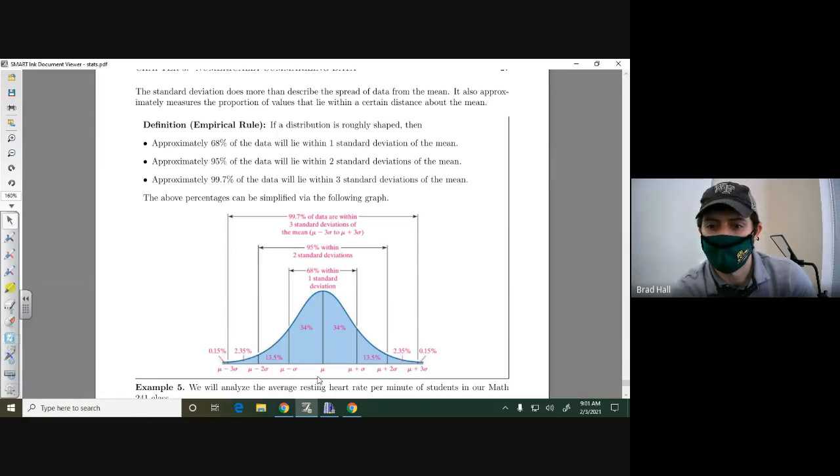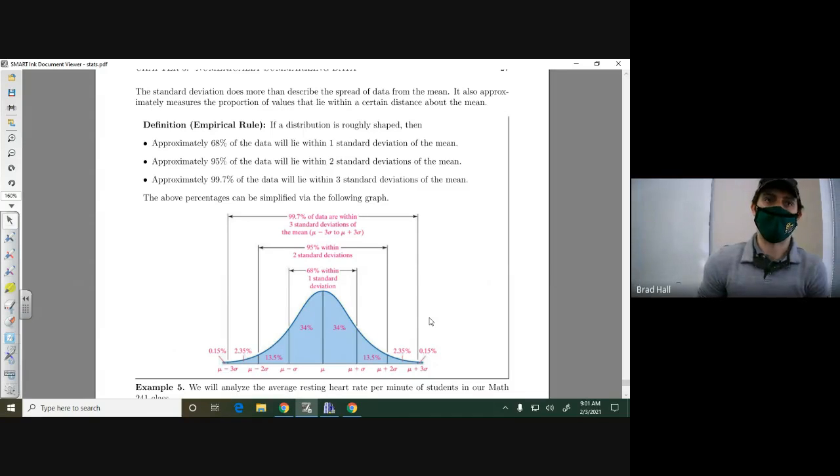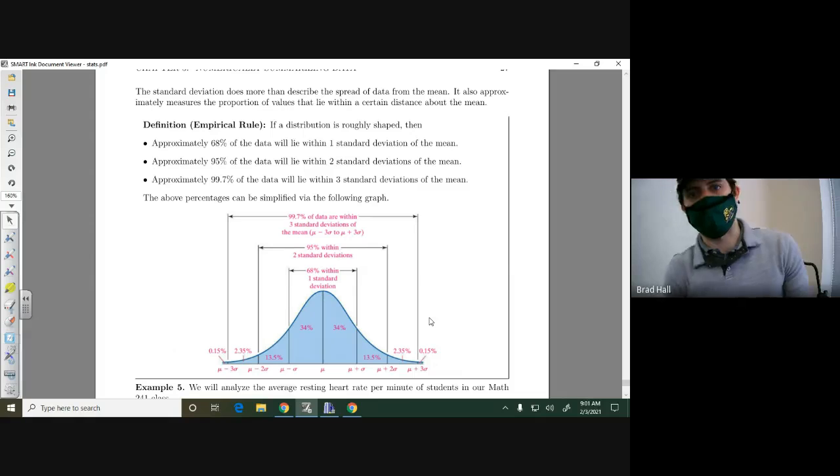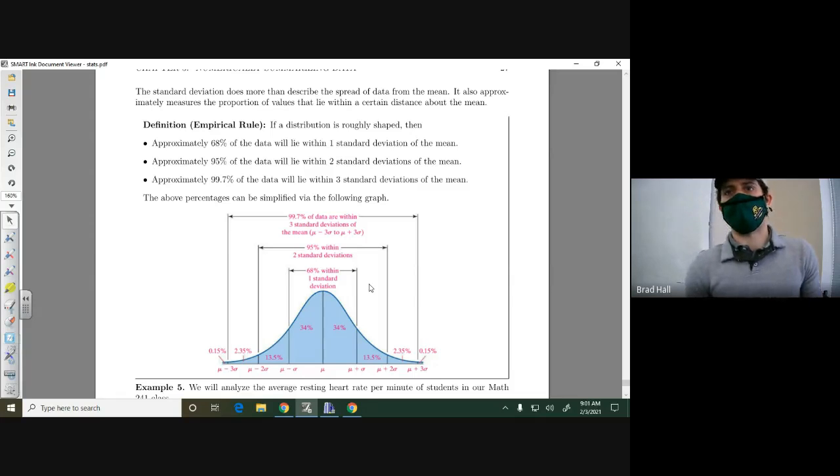Grades in a class generally look like this for the most part, if you apply it to a histogram. So it's fairly typical that 68% of students will lie within one standard deviation of the mean, and the mean that a lot of classes get is like mid-70s.